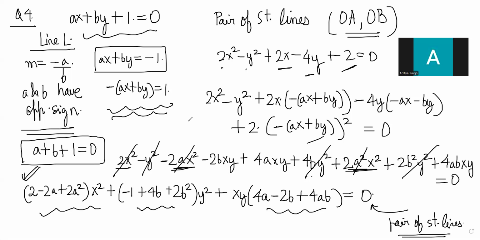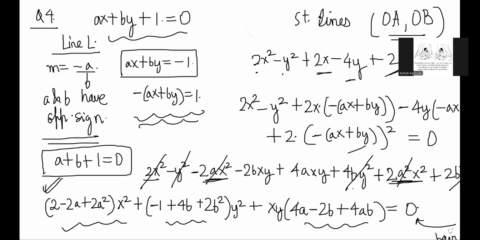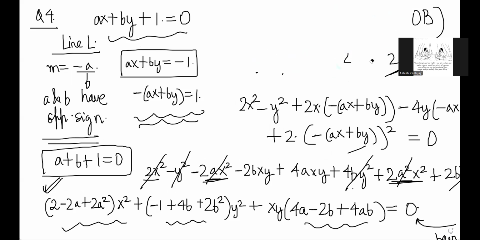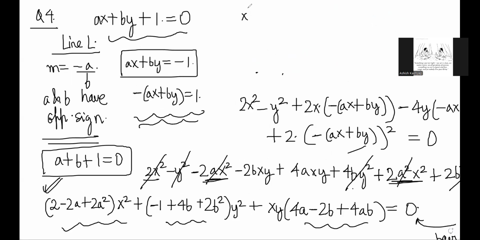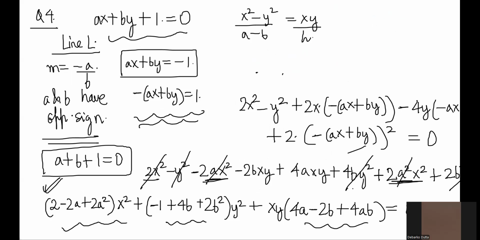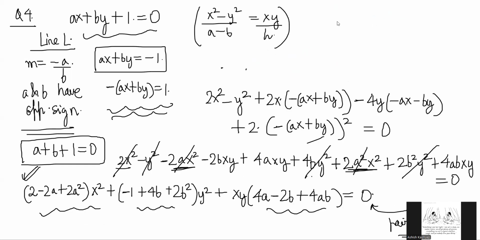Yes, sir. The equation of angle bisectors of any pair of straight lines, the general equation you should know, this is theory. It is (x squared minus y squared) by (a minus b) equal to xy by h. Have you seen this formula before? Yes, sir. It is a standard formula.